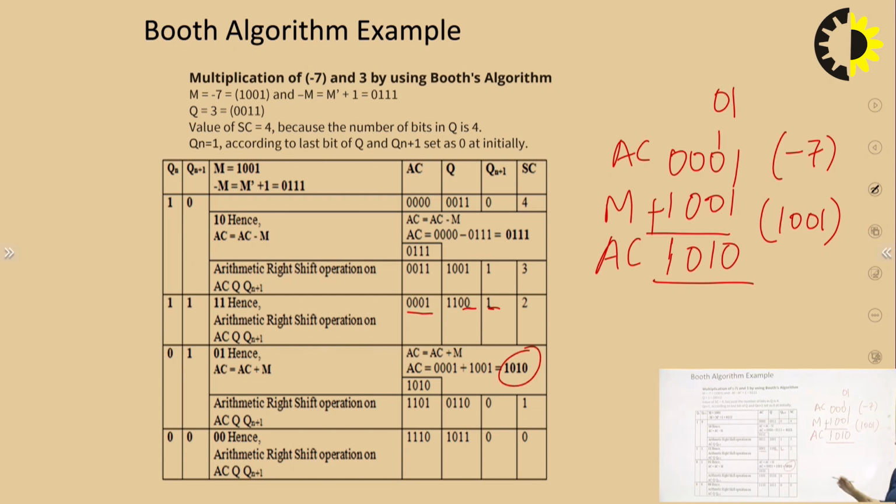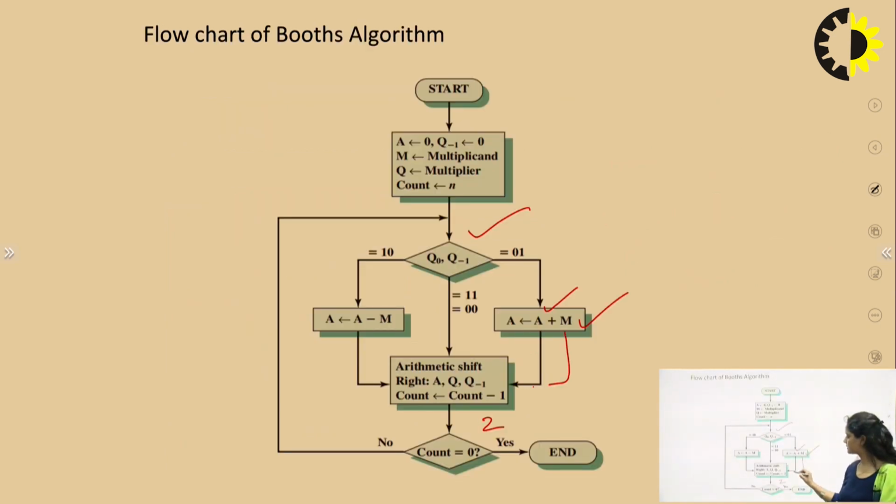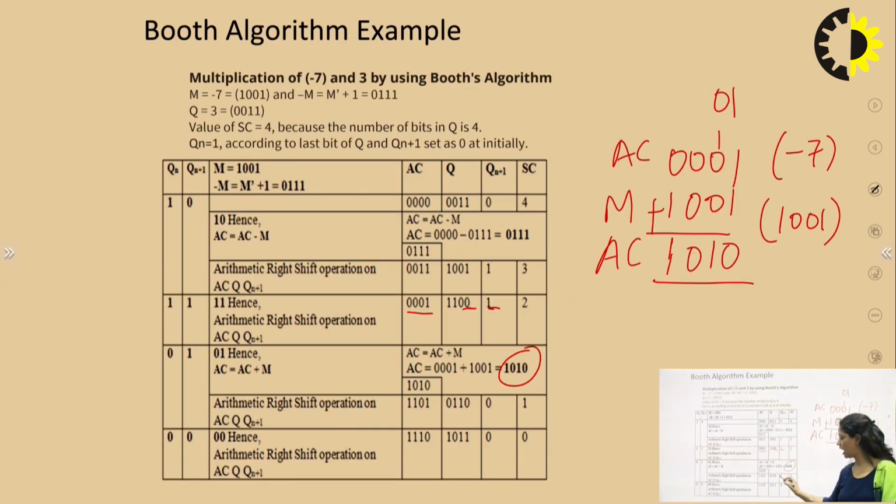Now after performing this operation, we have to again perform the arithmetic right shift operation on the current values of AC, Q and Q minus 1. Like this. After performing that right shift operation, we get these values and the counter is reduced to 1.